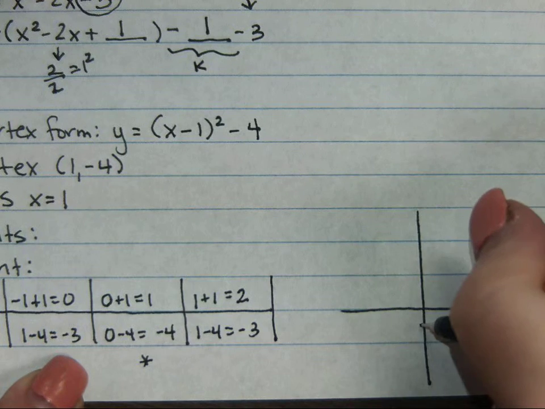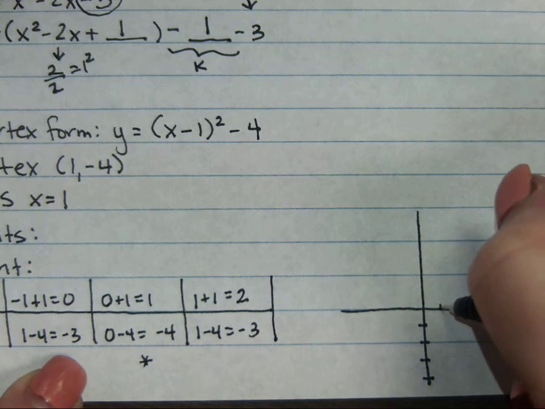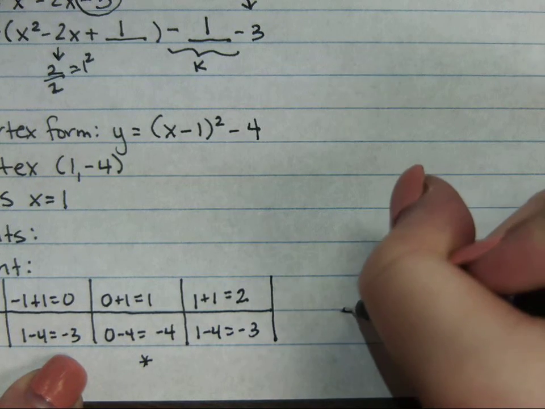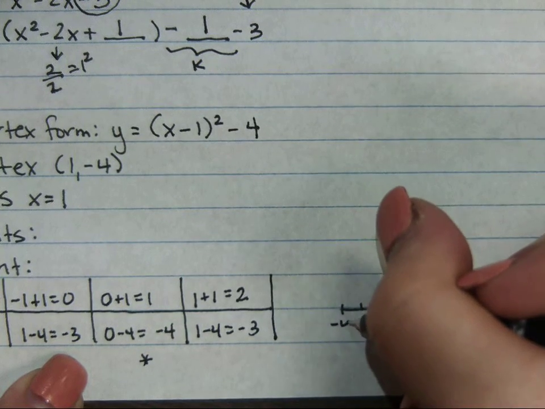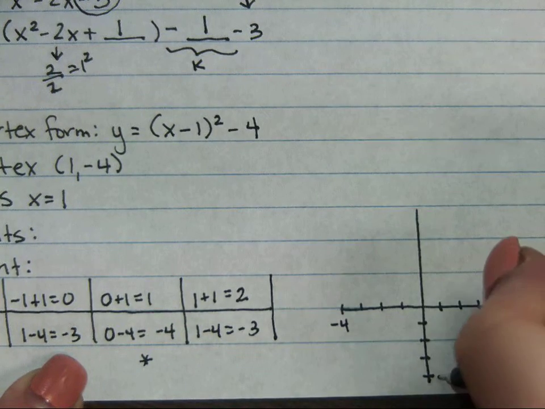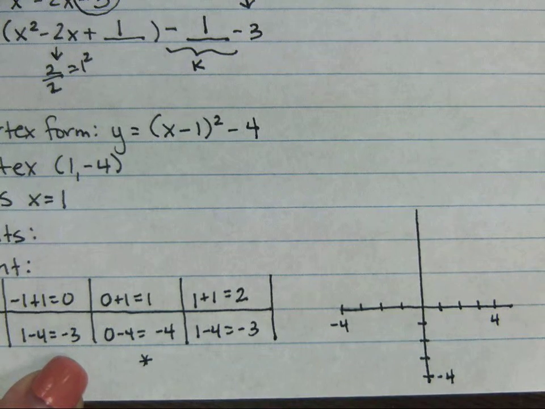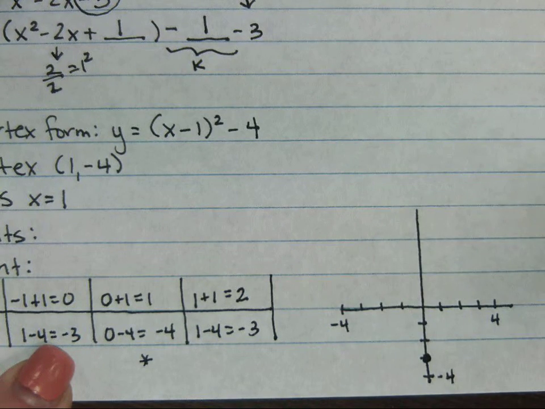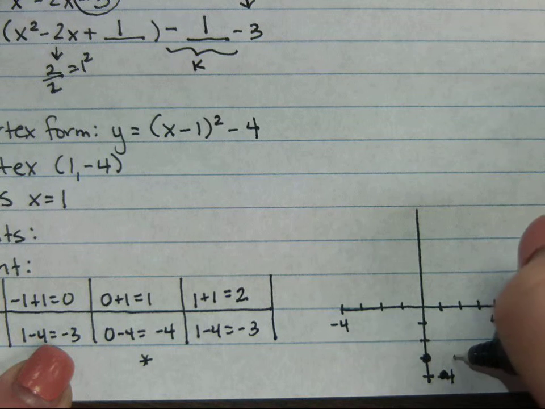All right, so like 1, 2, 3, 4. Yours has more, but I'm going to just try with this and see if I need any more than this. All right, so I'm going to plot the 0, negative 3, which is right here. And then 1, negative 4, and 2, negative 3.